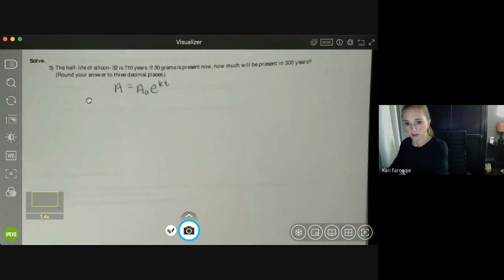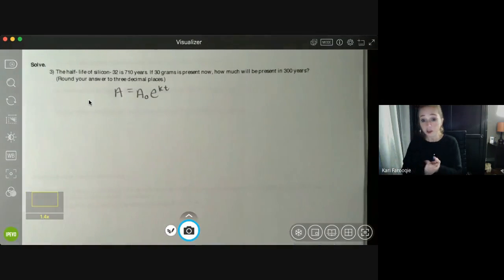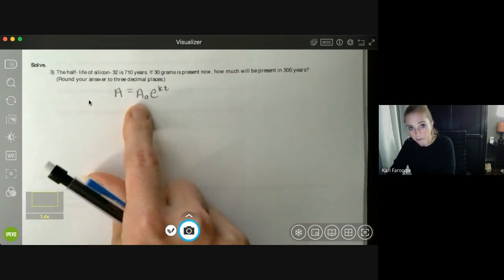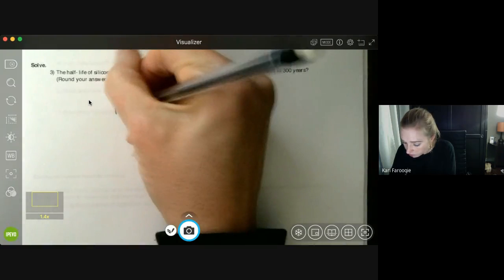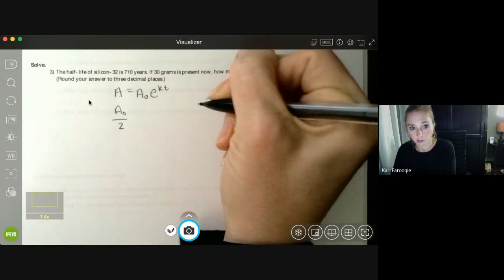A equals a sub naught e to the kt. Now we're talking about half-life. Half-life means basically we're looking at how long it's going to take some sort of material to decay down to half of its current value. If we want the end value to be half of the initial value, then we want A to just be the initial value divided by 2.